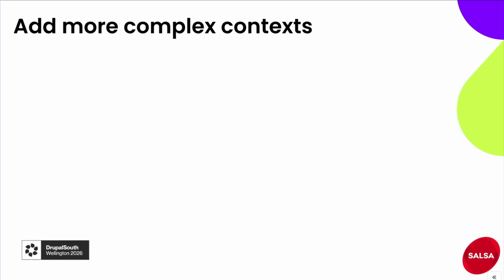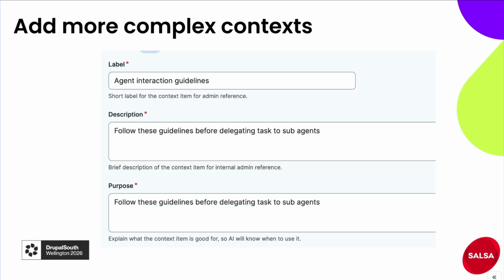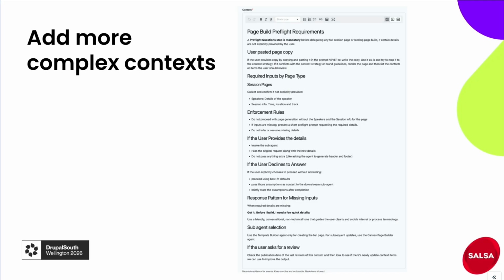There's another very important context that we need to add, which basically tells the AI how the context handover needs to happen, which defines the guidelines for AI integration. This is the name and purpose, but the most important part is this content.